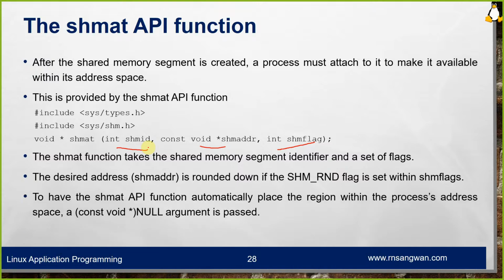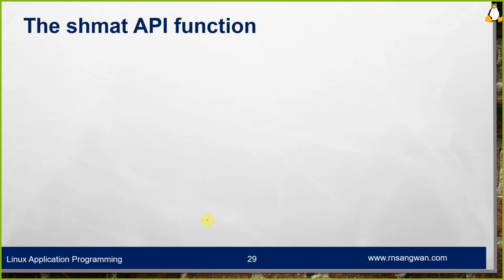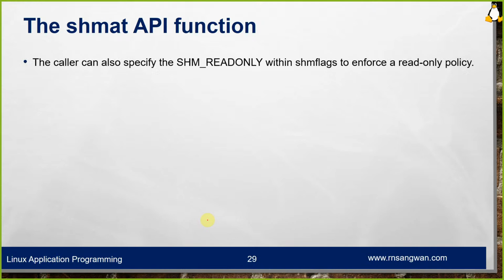To have the shmat API function automatically place the region within the process's address space, we must use a cast of the null argument to a constant void pointer type. This must be passed. The caller can also specify SHM_RDONLY within the flags to enforce a read-only policy.